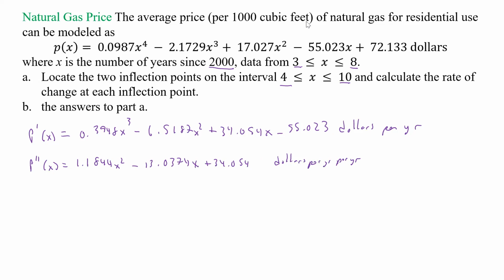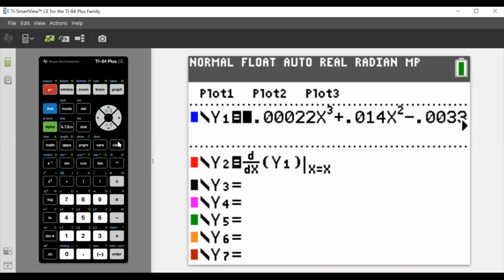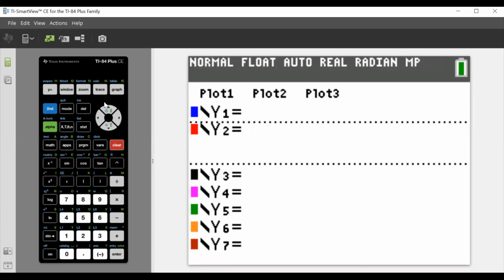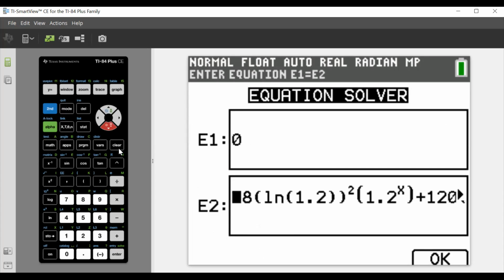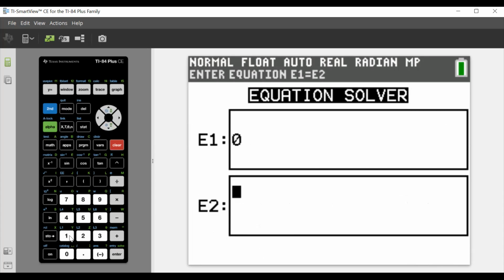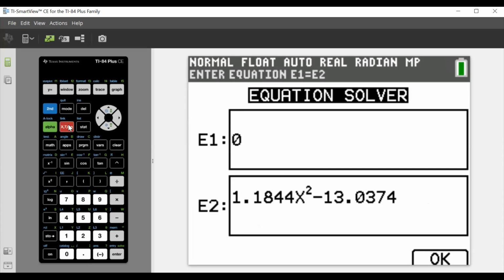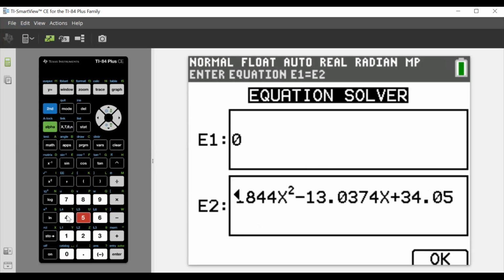So let's see if we can do that using our calculator. Let's get rid of all this and plug in. We want the numeric solver, and we'll solve 1.1844x squared minus 13.0374x plus 34.054.